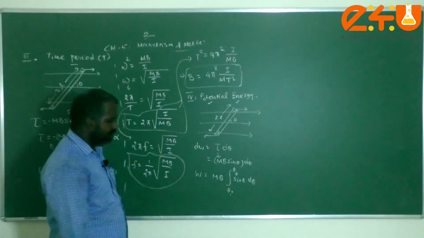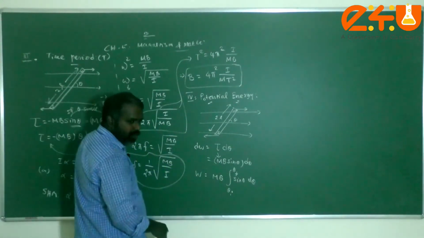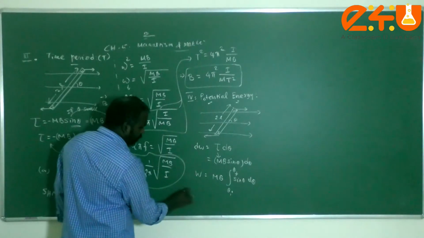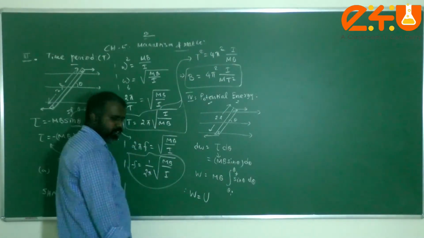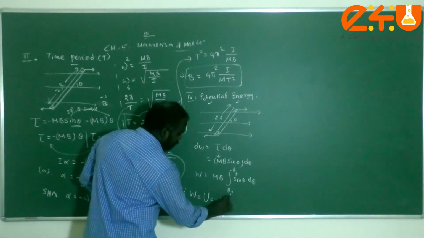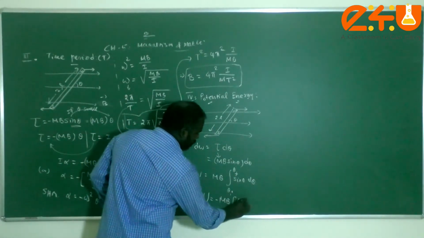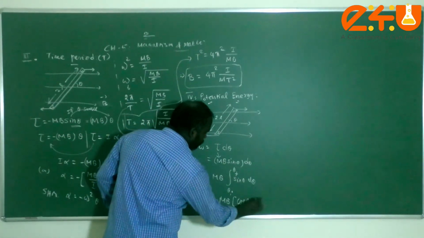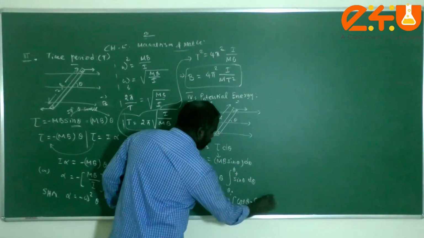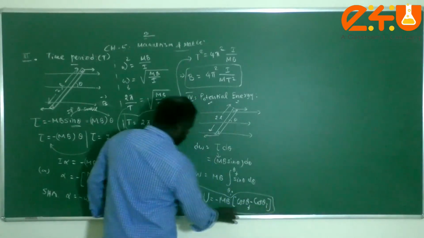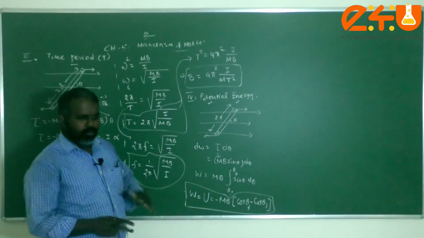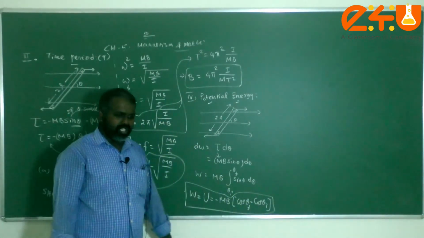I take the minus sign outside and substitute the upper and lower limits. This external work done is stored as potential energy, given by minus MB into cos theta final minus cos theta initial. This is the important equation. Whenever two angular positions are given, use this equation.